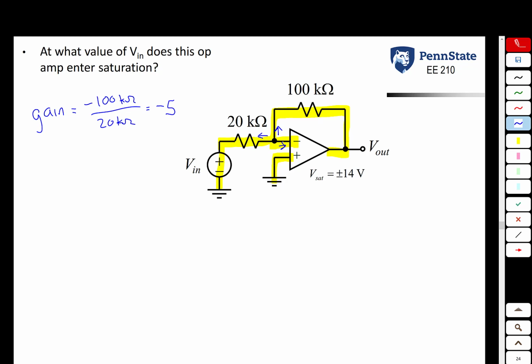We're also told in this particular problem that saturation voltage is plus or minus 14 volts. Where does this come from? Well, we're just told it, but what we can probably imagine is that this is being powered by plus 15 volts and minus 15 volts, and there's a 1 volt headroom. Remember, headroom is the difference between the saturation voltage and the power supply voltage. Anyway, knowing that the saturation voltage is 14 and knowing that the gain is negative 5, we can determine the linear range.